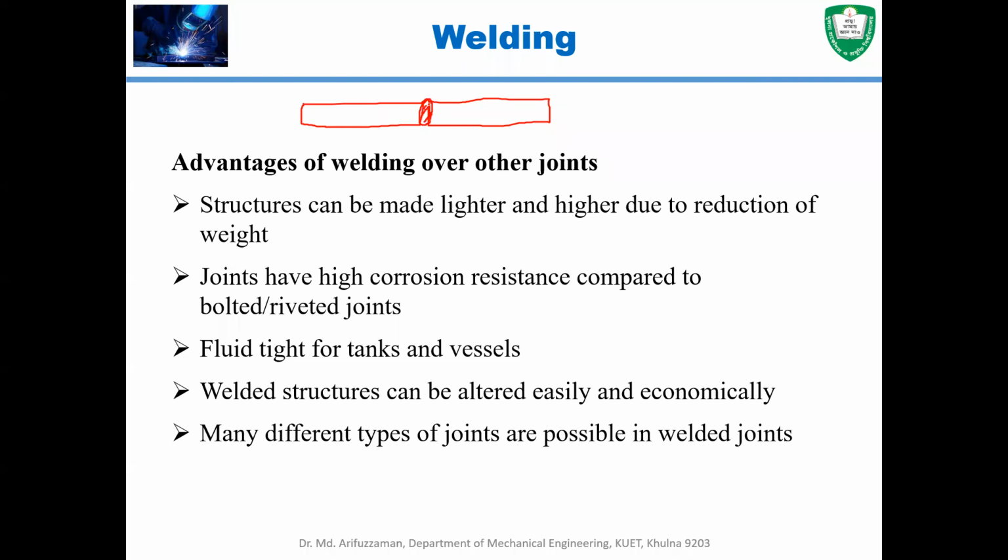The amount of extra metal required in this location will be very little compared to when you join it by a riveted or bolted joint using an extra plate and nuts and bolts. The weight will be higher, right? Oh, yes, sir. I understand. Okay. Any other question? No, sir.